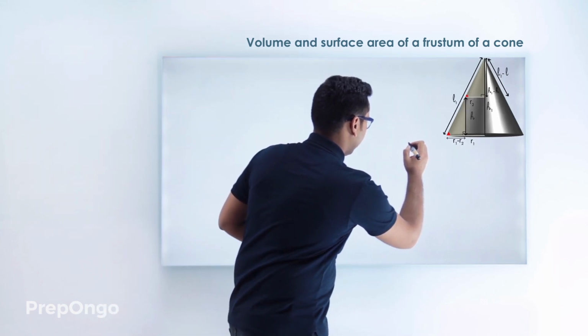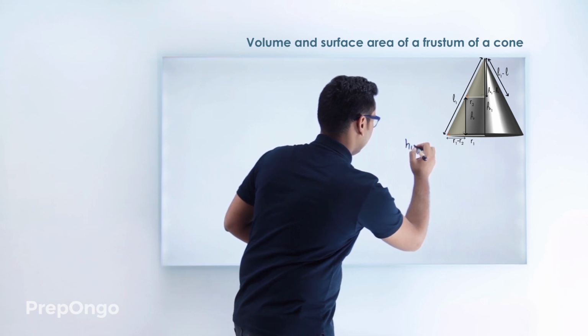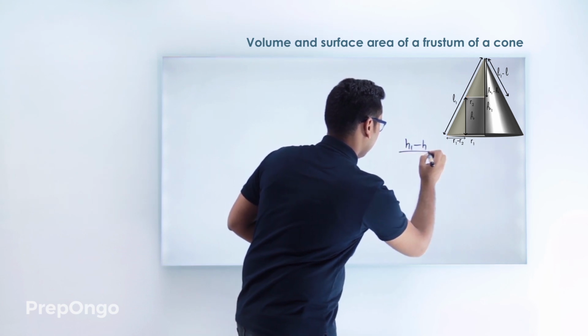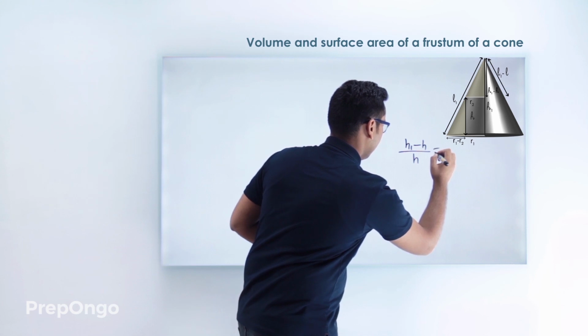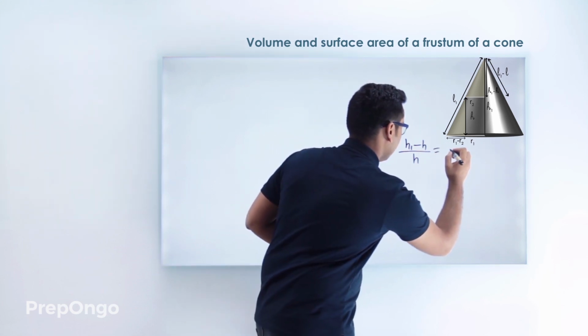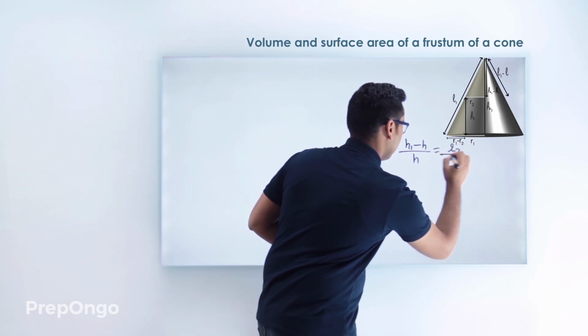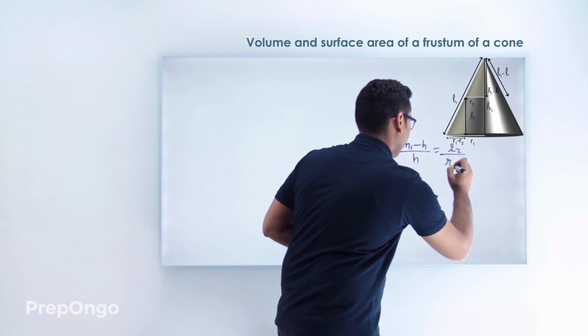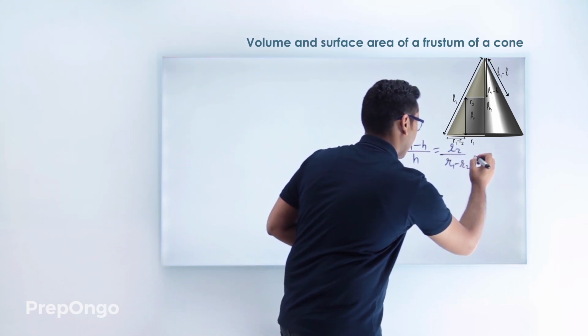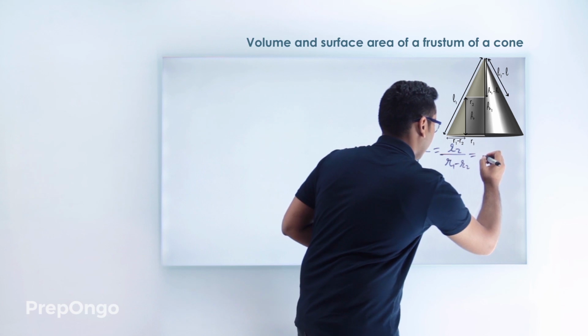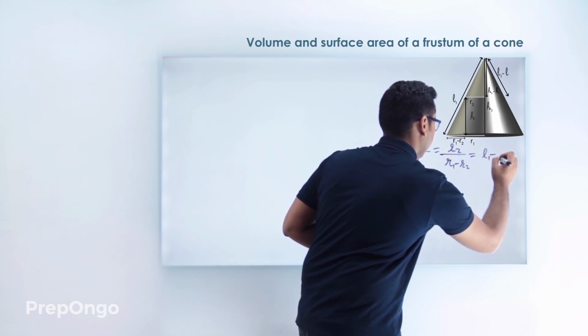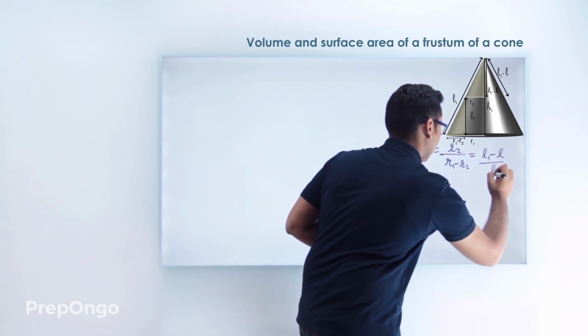So we can write down that (h1 minus h) upon h will be equal to r2 upon (r1 minus r2) and is equal to (l1 minus l) upon l.